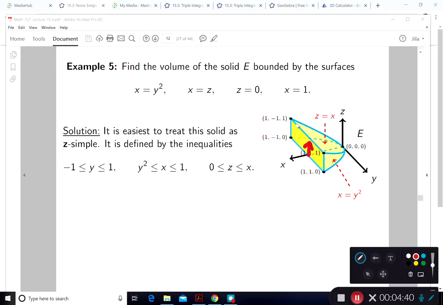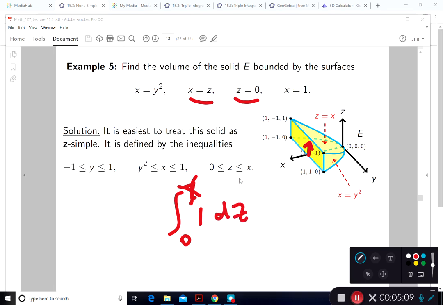With the z direction inside, z equal to 0 is the bottom part, and z equal to x is the top part. So I'm setting it up, z from 0 to x. And then the integrand, since we're finding the volume of the solid, is going to be 1, and this is dz.